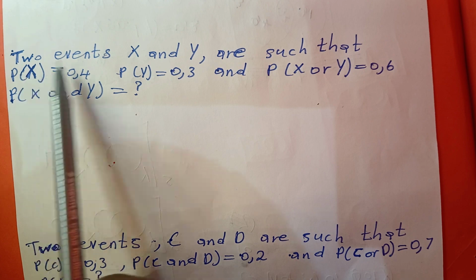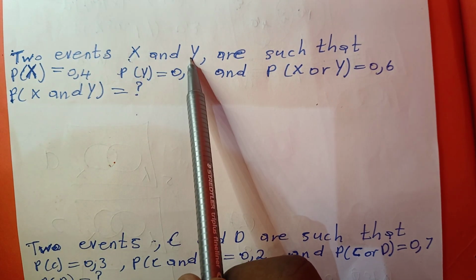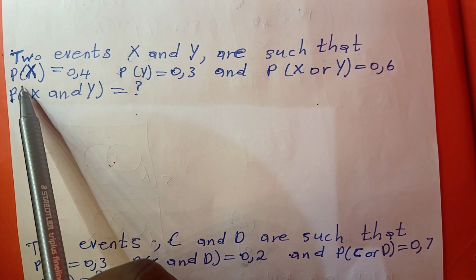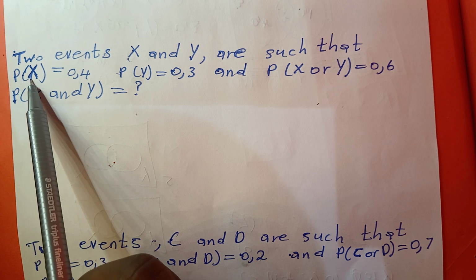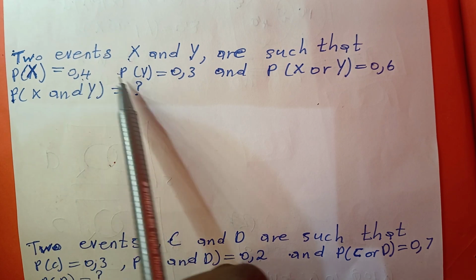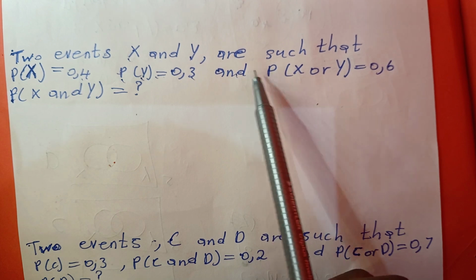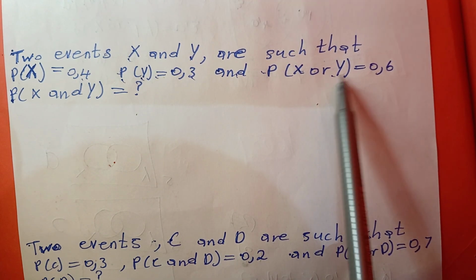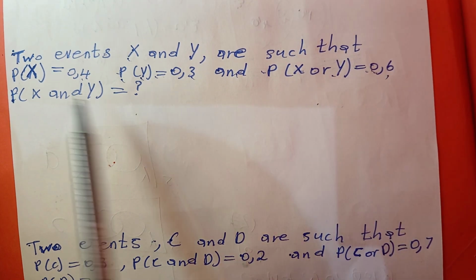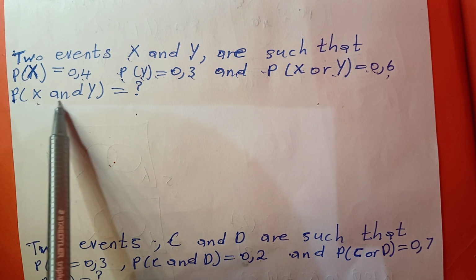They say that two events X and Y are such that the probability of X is equal to 0.4, the probability of Y is equal to 0.3, and the probability of X or Y is equal to 0.6. Determine the probability of X and Y.